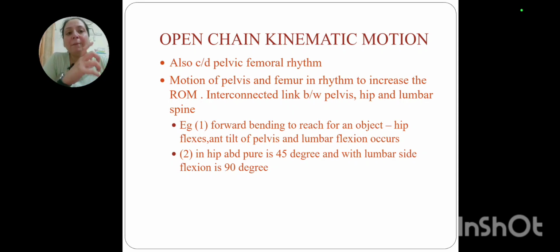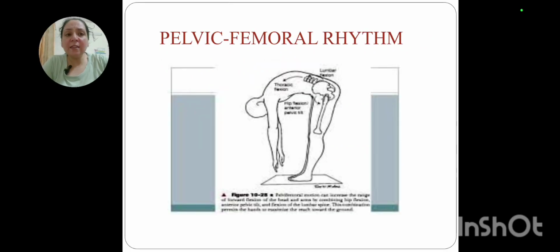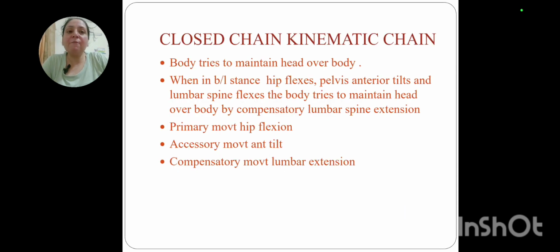Or in hip abduction, pure abduction is only 45 degrees, but we can take it to 90 degrees. This is only possible because we have done lumbar side flexion. You understand? So this is the open kinematic chain motion. As you can see, first the hip flexion takes place, then the anterior tilt, and then the lumbar flexion, so that we can lift an object from the floor. This is the pelvic femoral rhythm.